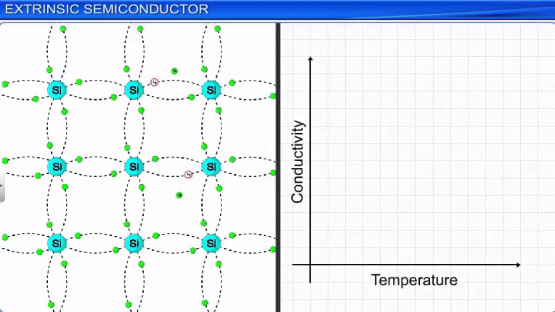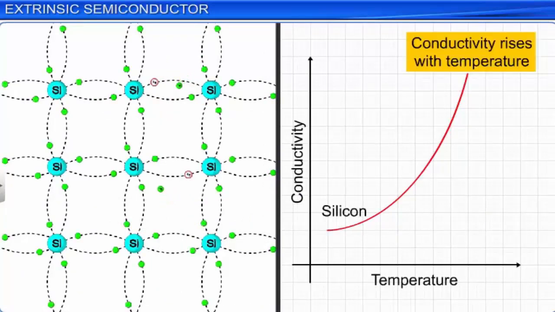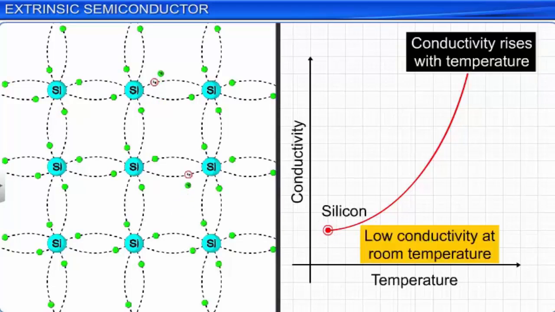The conductivity of an intrinsic semiconductor increases with rise in temperature, as more number of electrons break away from the covalent bonds of the semiconductor atoms. However, at room temperature, intrinsic semiconductors have very low electrical conductivity.